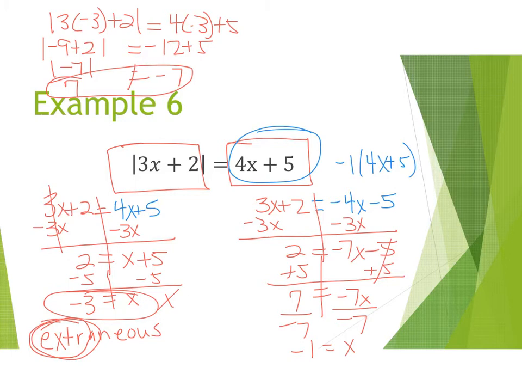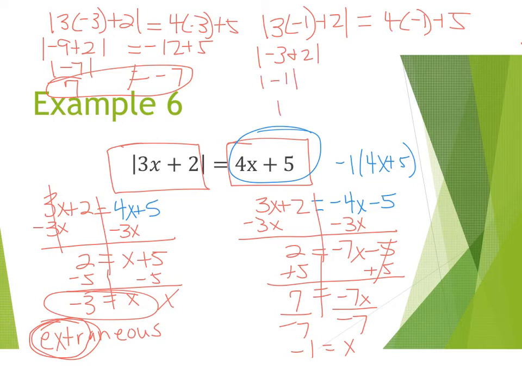Now let's see what happens with negative 1. Like before, I've got to go back to the original problem and substitute it in for x on one side of the equal sign, substitute it in for x on the other side. Alright, 3 times negative 1 is negative 3 plus 2. And negative 3 plus 2 is negative 1, so I get a 1.